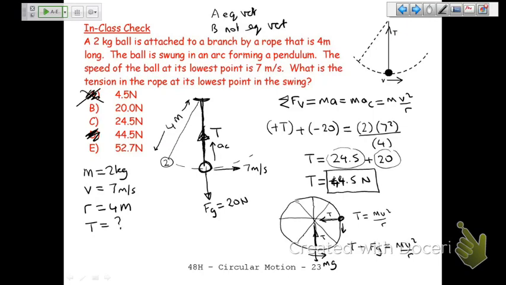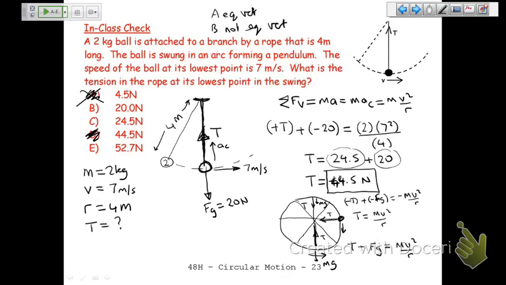And up here, it's actually kind of even weirder because now my mg, my weight, is in the same direction as my T. So I would say minus T added to minus mg, if you like Fg, is equal to minus mv squared over r, because the acceleration is pointing downwards.